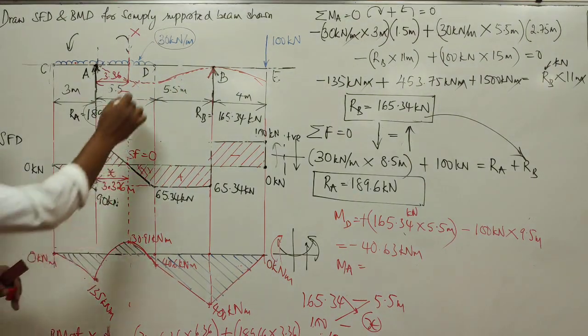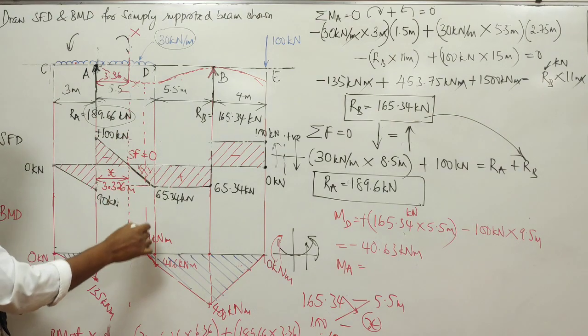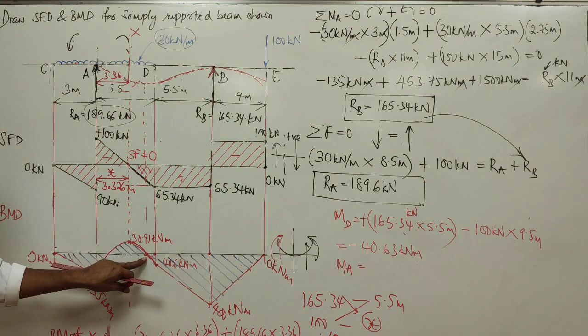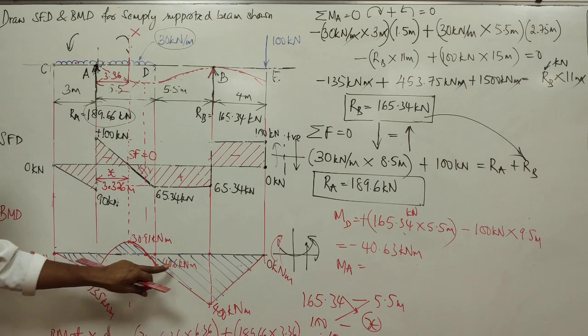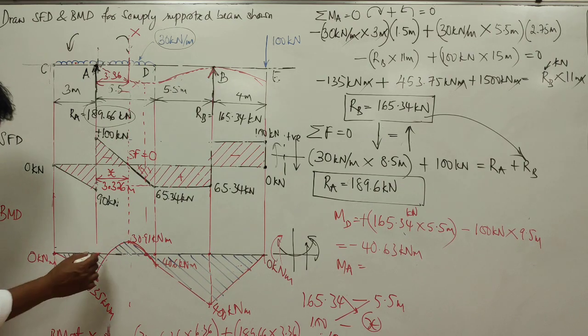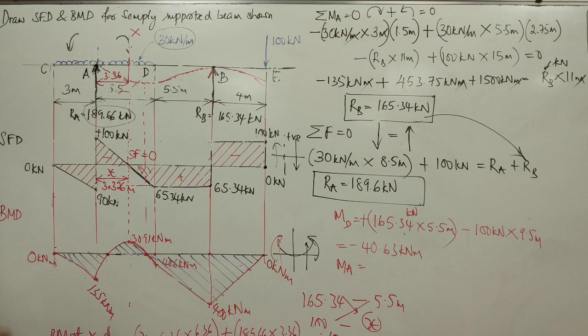The point where it will start to change direction is one point of contraflexure here. That means the bending moment is changing from minus to plus. Then there is again one more contraflexure here, because the bending moment is changing from plus to minus.